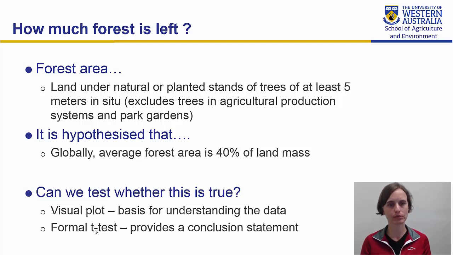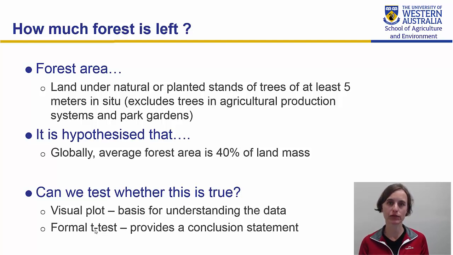That is, how much land is left that has natural or planted trees on that land. And I'm going to test the hypothesis that about 40% of all land in the world is under forest. And you can do that testing, first of all visually, and then through a t-test.